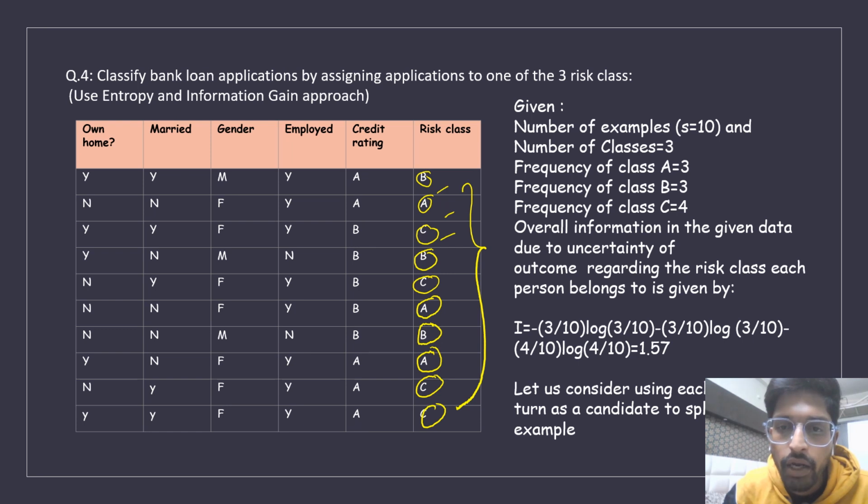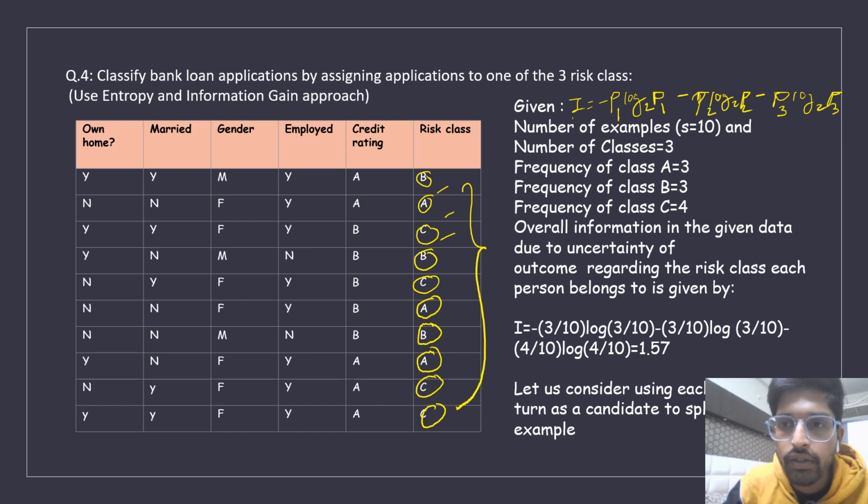So we need to calculate the overall information in this process. We use the formula I equals minus P1 log base 2 P1, minus P2 log base 2 P2, minus P3 log base 2 P3.